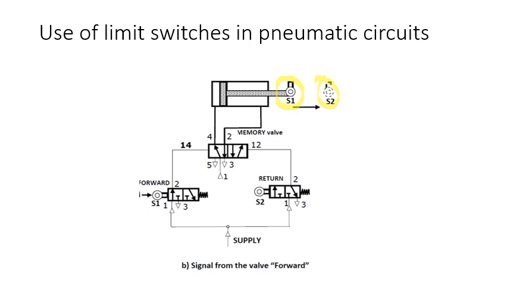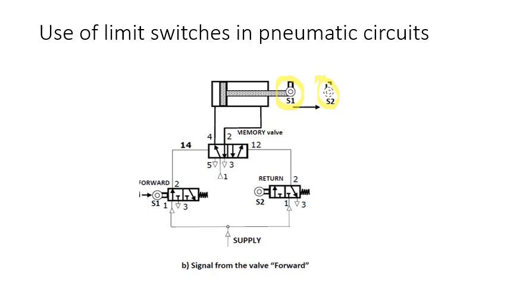What will happen? See, the initial condition S1 is under the closed condition. If the cylinder rod presses it, it will generate a signal towards the main valve. The main valve will supply air to 1 to 4, nothing but the cylinder gets a supply at the piston end, so the cylinder starts to move.